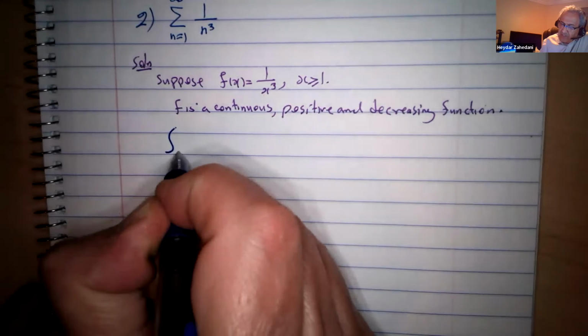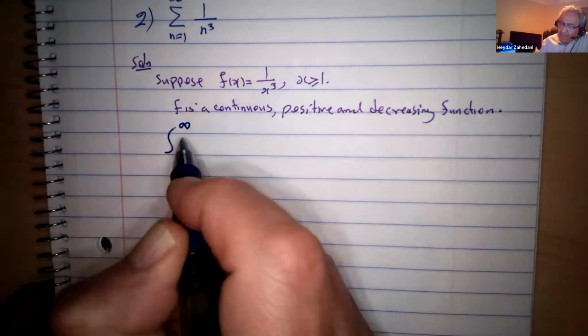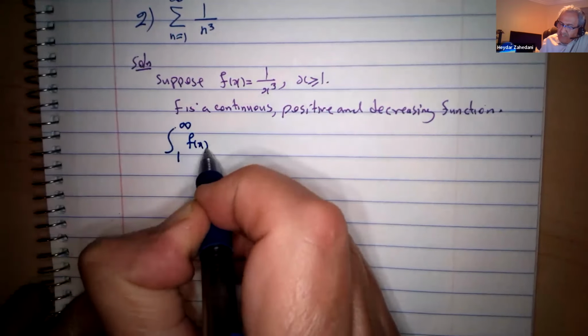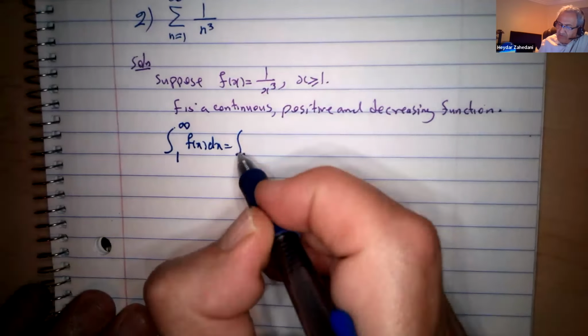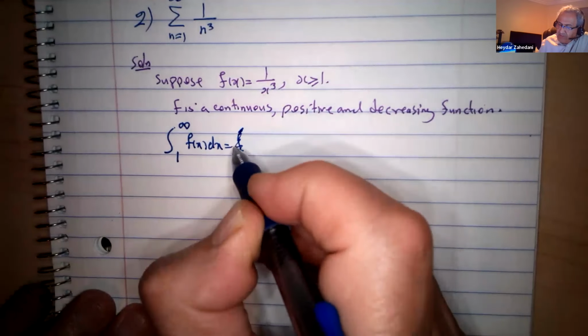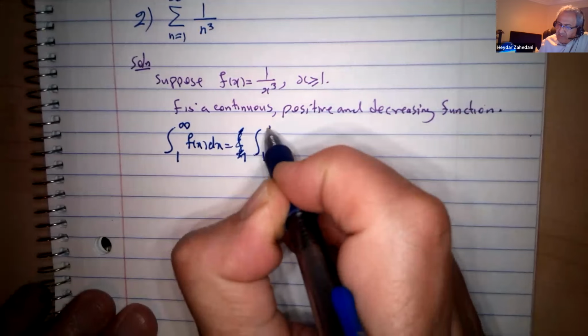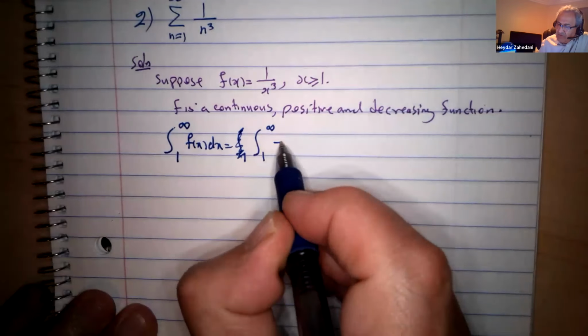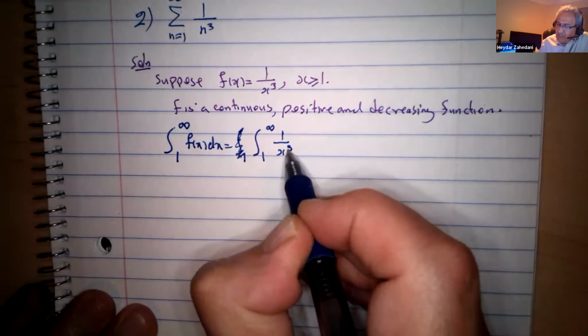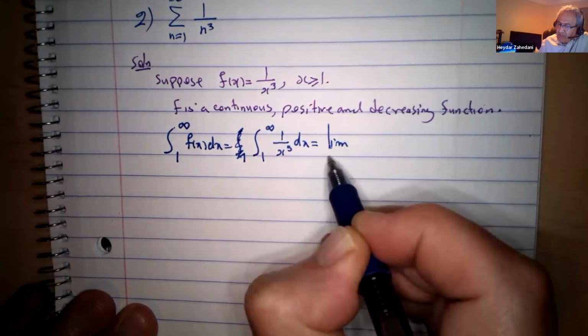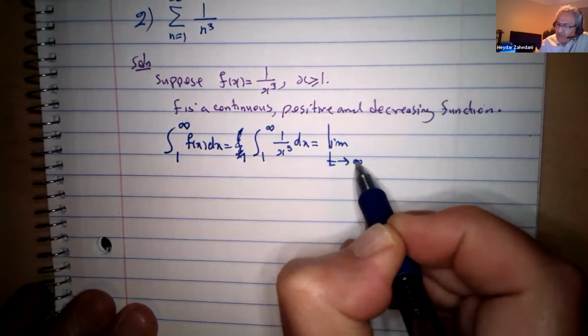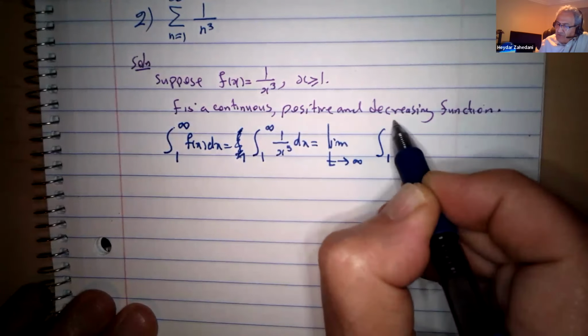So the improper integral from 1 to infinity of f of x dx, you have to use the limits. Let's substitute first: 1 to infinity, 1 over x cubed dx. So by the definition, change it to the limit. It's going to be the limit as t goes to infinity of the integral from 1 to t.